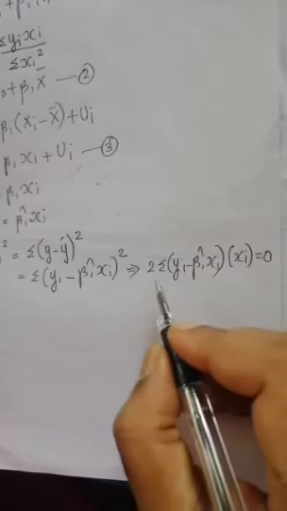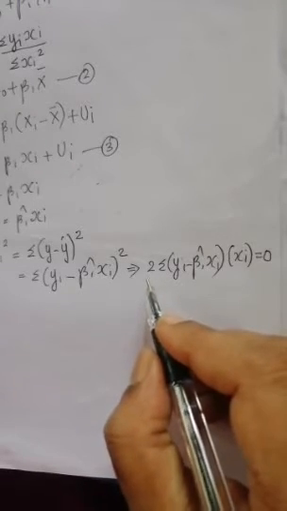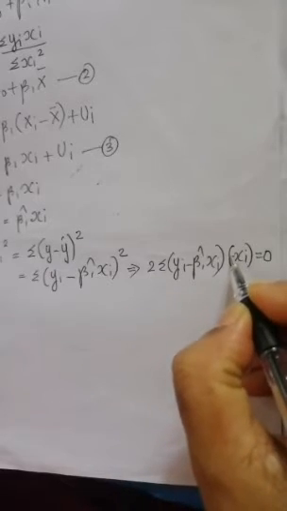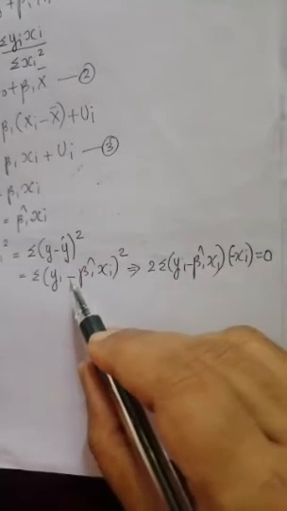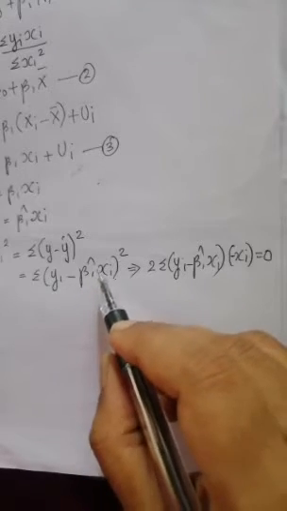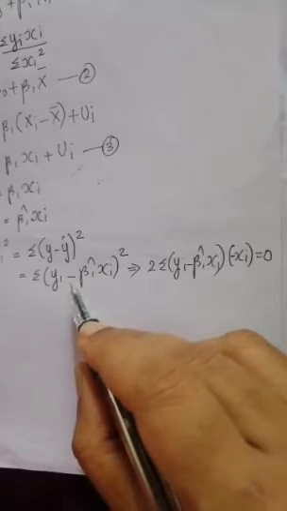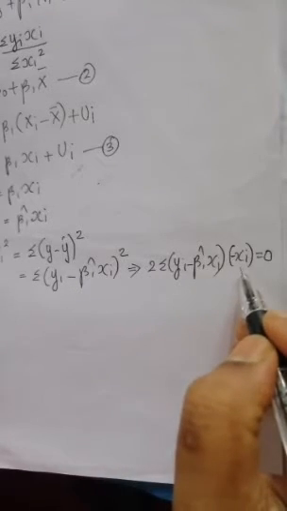Since this part is minus beta 1 hat into xi, differentiating it with respect to beta 1 hat gives minus xi.